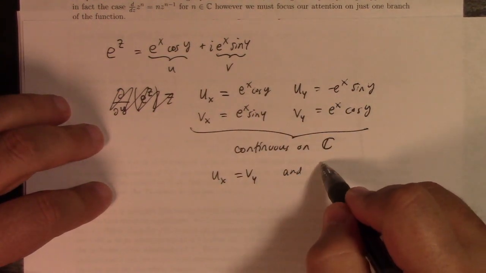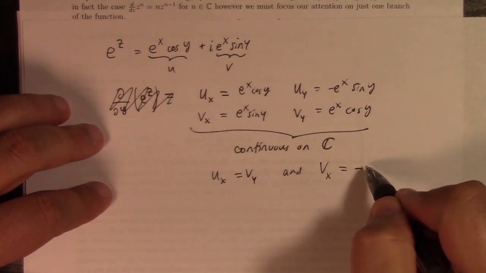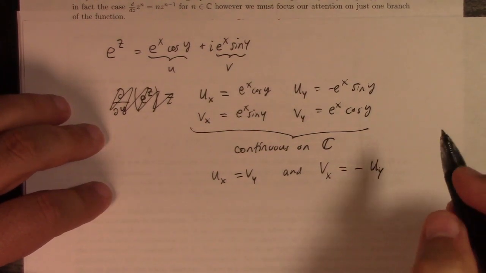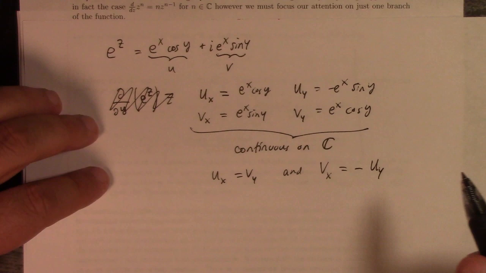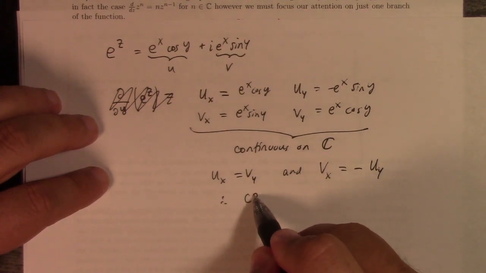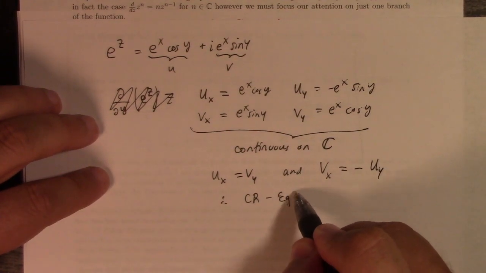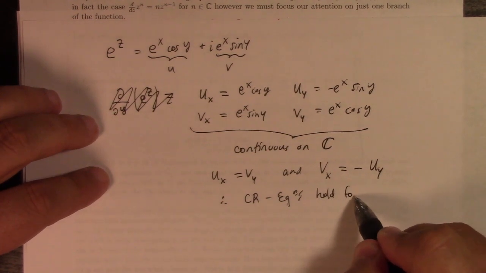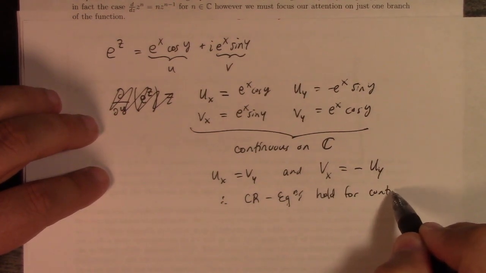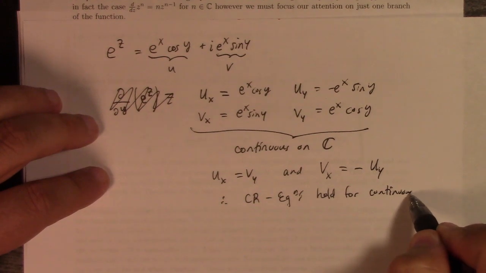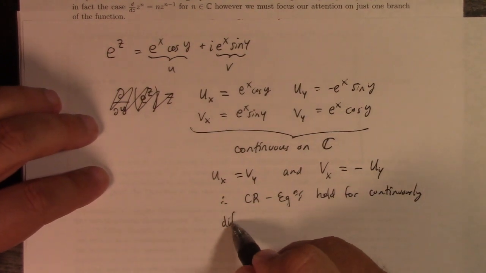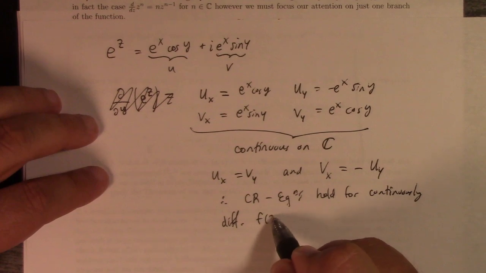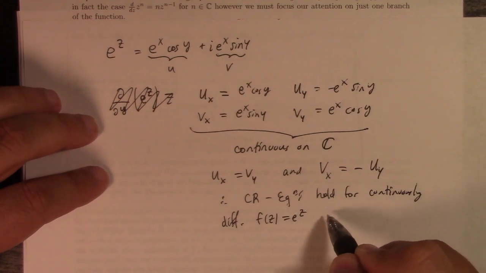And vx is equal to minus uy. So therefore the Cauchy-Riemann equations hold for continuously differentiable f of z equals to e to the z.